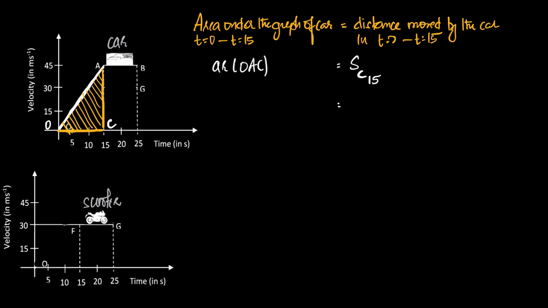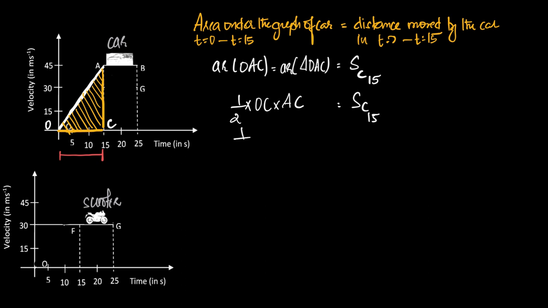Now what is area OAC? Area OAC is basically the area of triangle OAC from the figure directly. OAC is a right angle triangle. Now what is the area of a right angle triangle? It is half into OC into AC. So this much distance is OC, and from the graph it is 15.